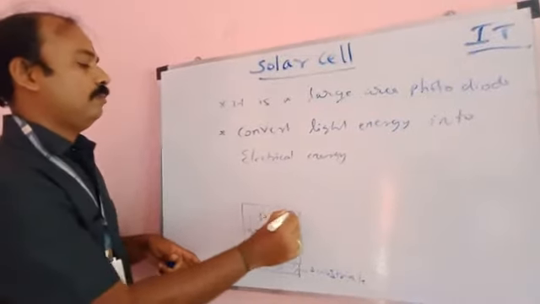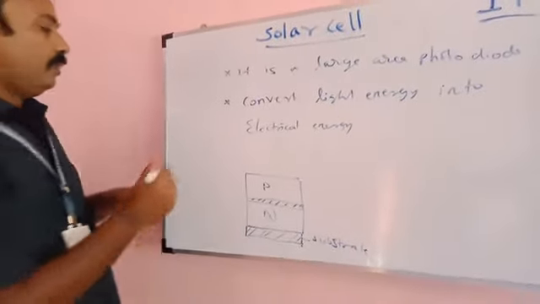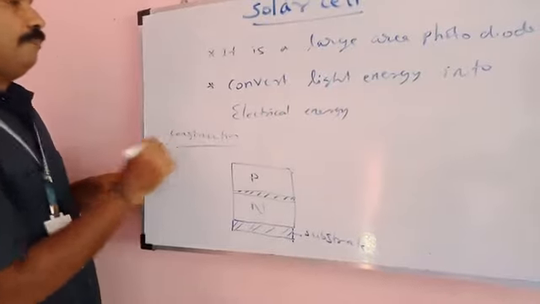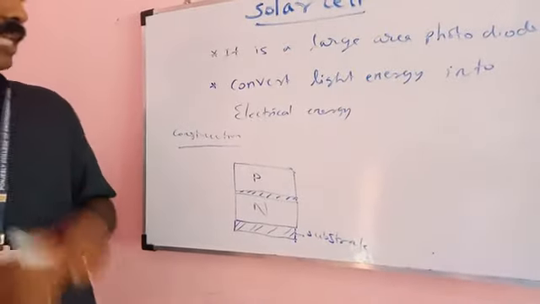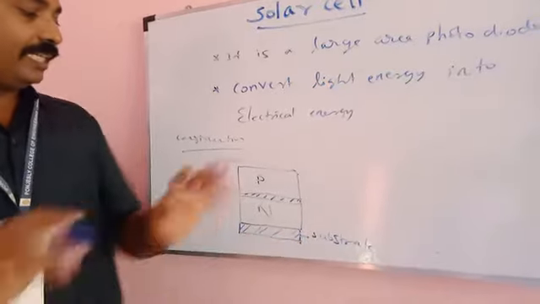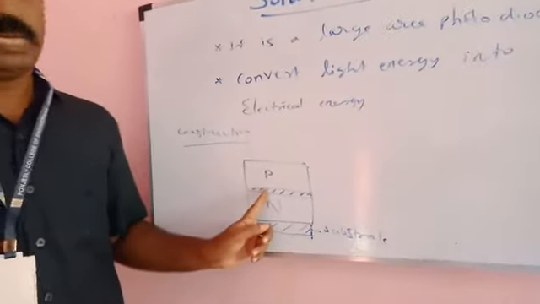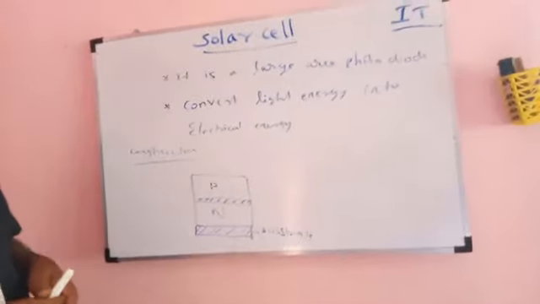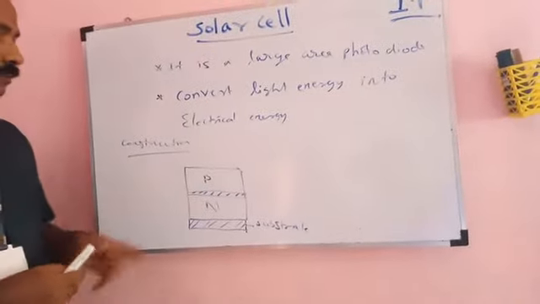So we are going to see the construction. The PN solar cell consists of a substrate. Over that, p-type and n-type semiconductors are developed.